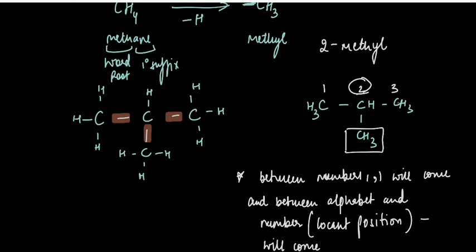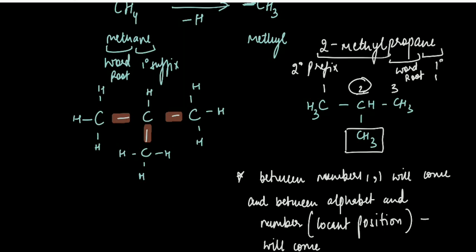So what is the word root? 3 carbons in the main parent chain, so it is prop. All single bonds, ane. We don't have a functional group. So 2-methyl over here is acting as a prefix, to be more precise, a secondary prefix. We don't have a primary prefix over here, so we skip that. Prop is our word root, and ane is the primary suffix, to be more precise.